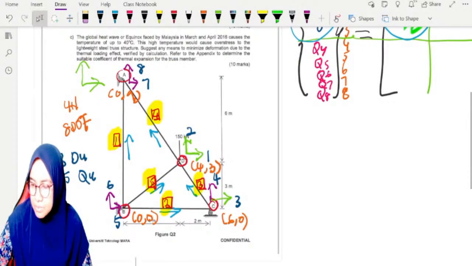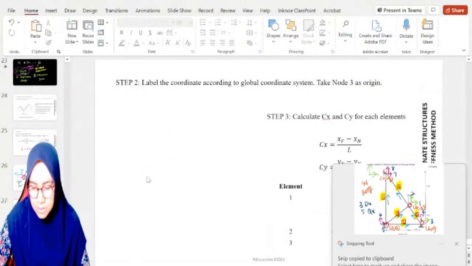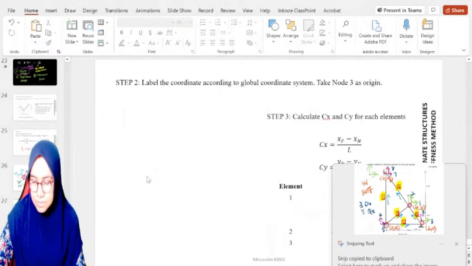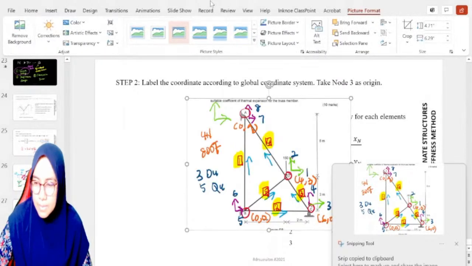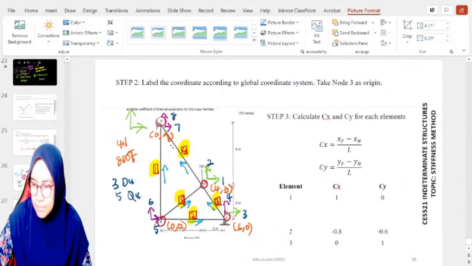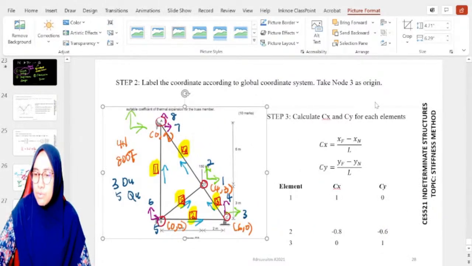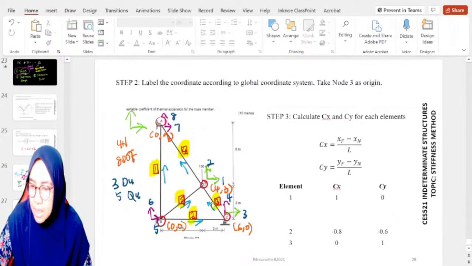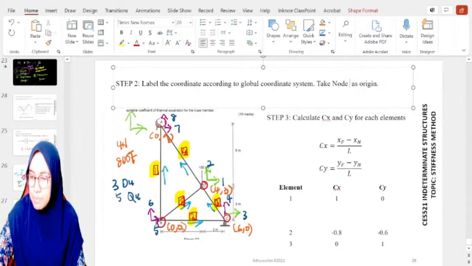We choose from this and put here. So the first step is to take B as origin.